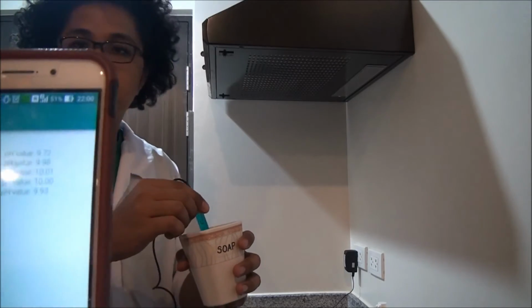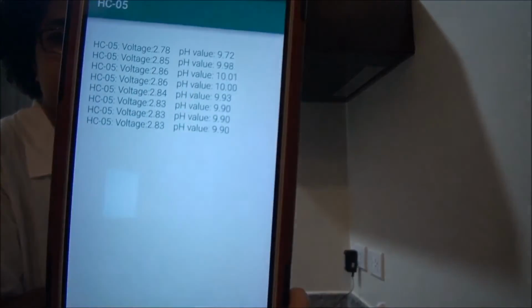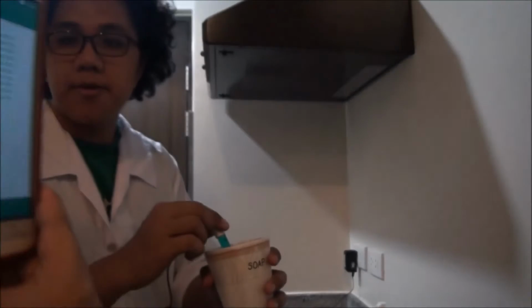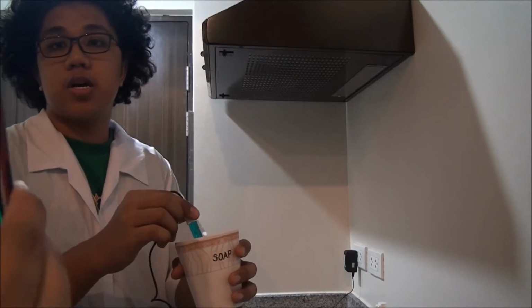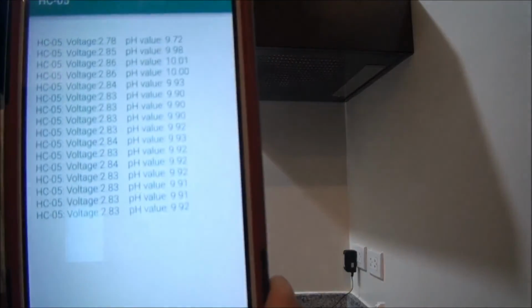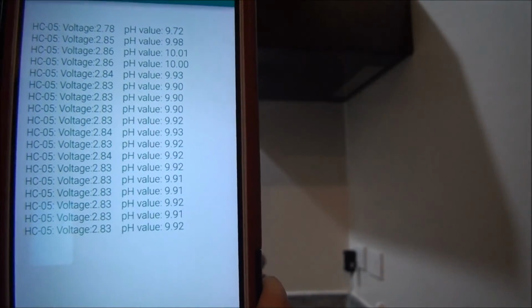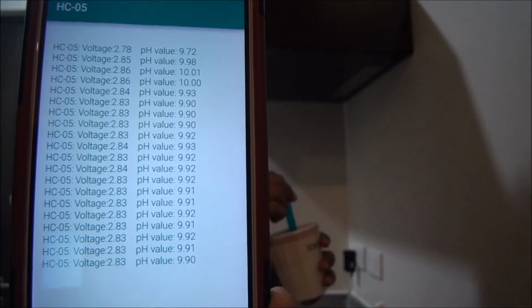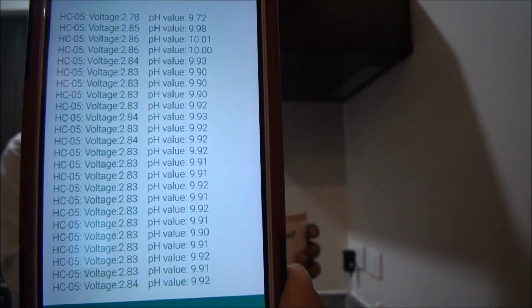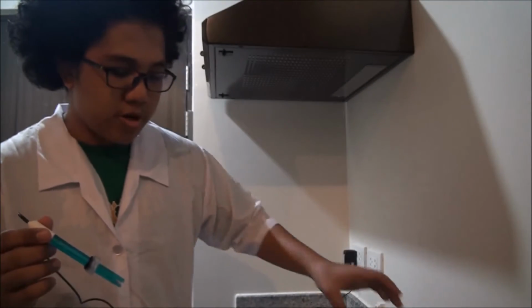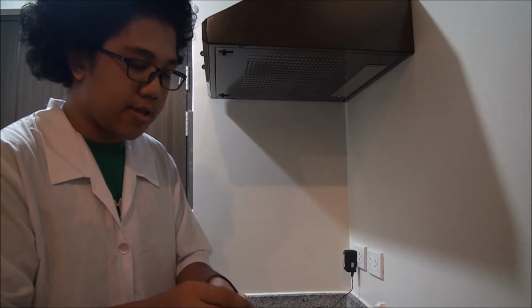So for now, we have a pH reading of about 9.9, so that's quite basic. So for this soap, a basic level of pH. So that's that. Next step, we're gonna have to wash it again before storing it.